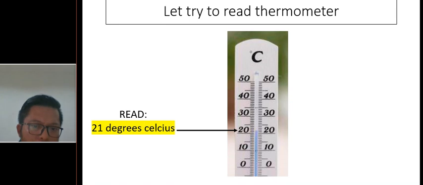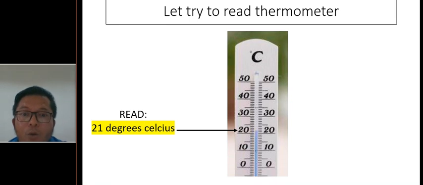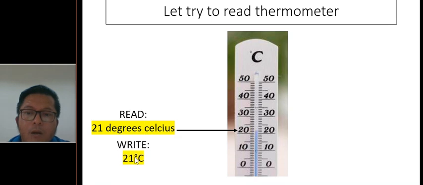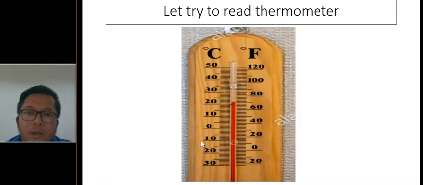Cikgu tengok, or maybe 21 and a half or 22, but it has not reached 22. I am wrong. I'm sorry. This is 21. Read 21 degrees Celsius. Write 21 degrees Celsius. Next, wall thermometer.